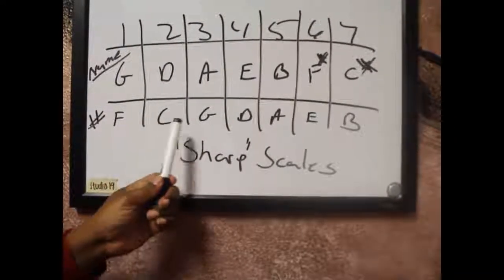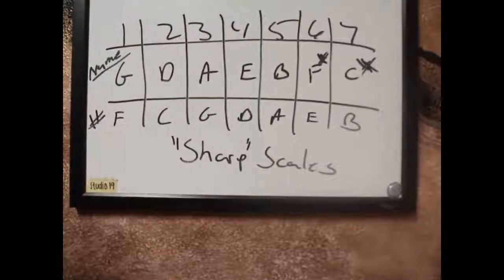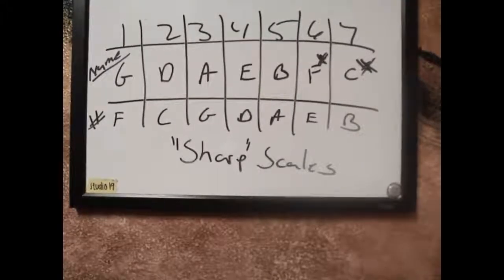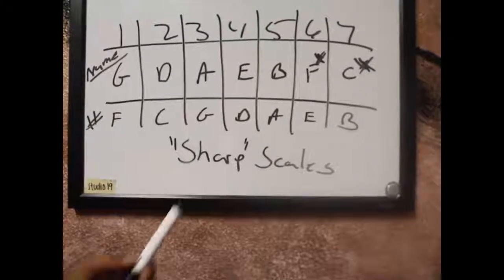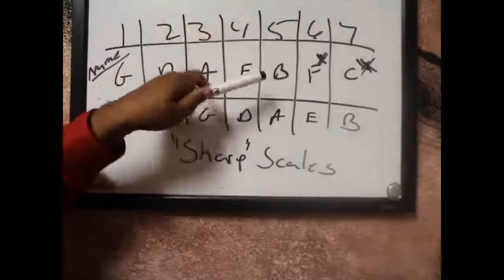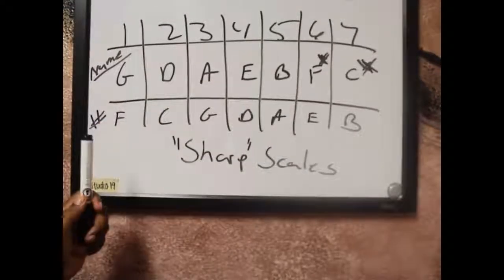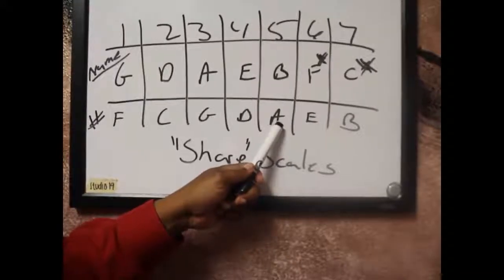F sharp, C sharp, and G sharp. If there are five sharps in a key signature, what is the name of that scale or that key? If there are five, the name of the major key is B, and those sharps are F sharp, C sharp, G sharp, D sharp, and A sharp.